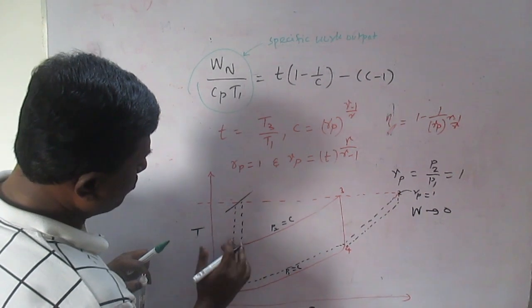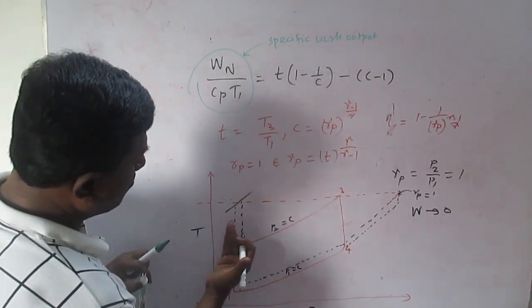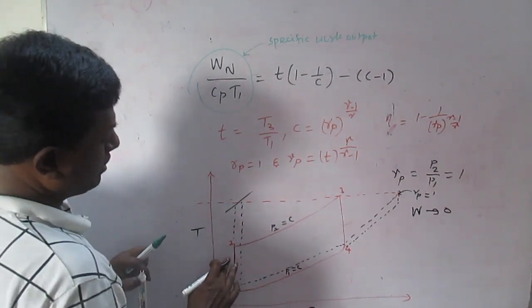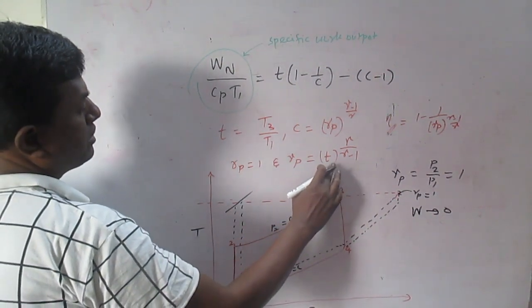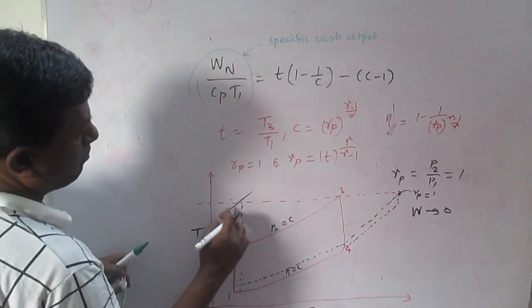It means the compression process and the expansion process coincide. That is what we have to understand: when RP reaches this condition, our compression process and expansion process coincide.